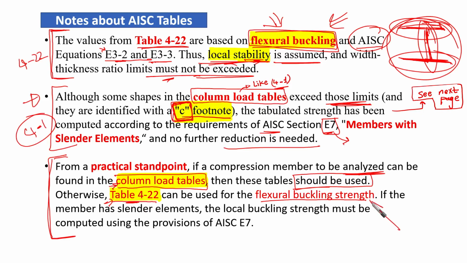Take care, flexural buckling strength. There are no local stability issues here, as we mentioned in the first hint. So if the member has slender elements, the local buckling strength must be computed using the provisions of AISC E7. Okay, let's summarize these hints. It's important here to say that.